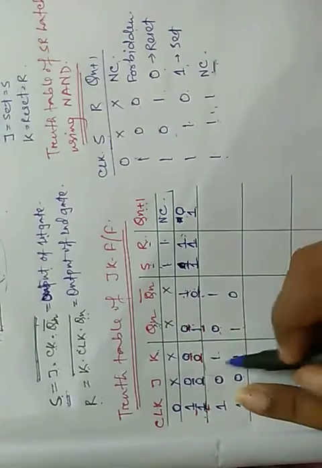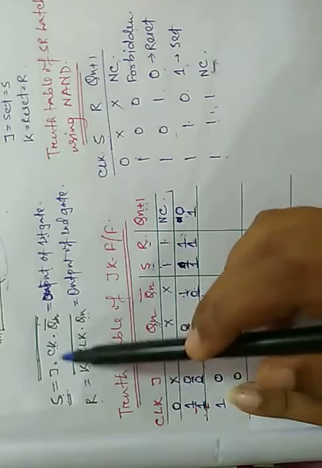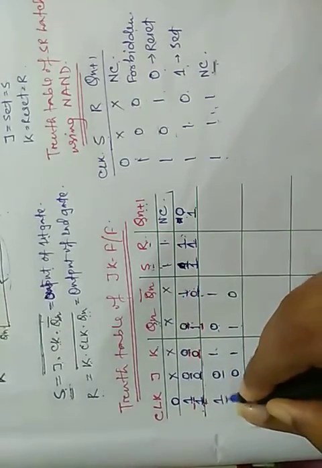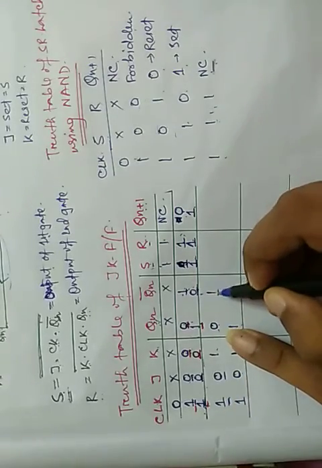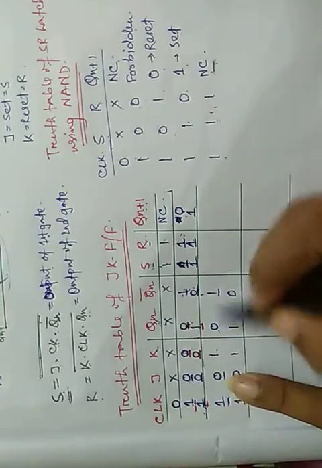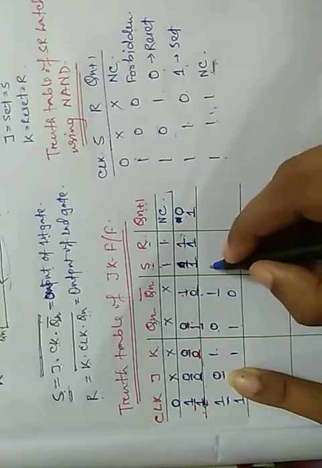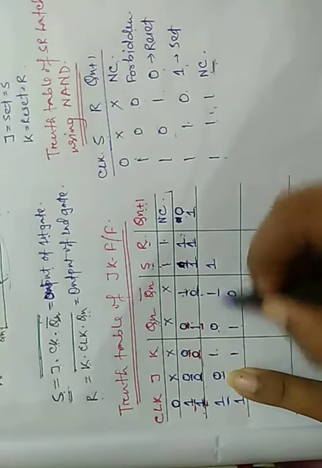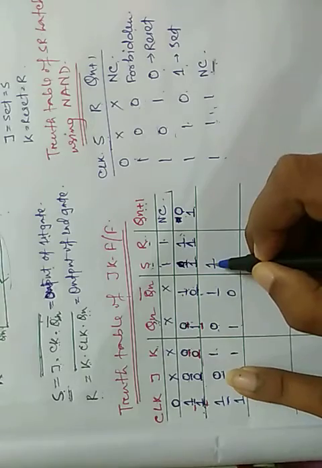Now let us check for the S value, J clock Qn bar. Here J is 0, clock is 1, Qn bar is 1. You can see one of the input signals is 0, so S is 1. The NAND operation of these three gives 1 as output.